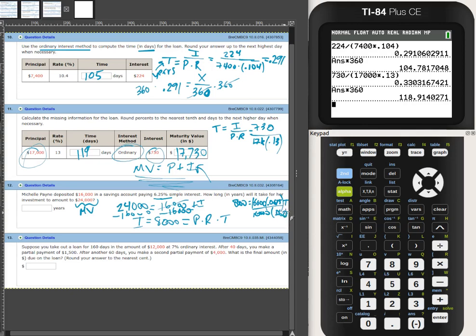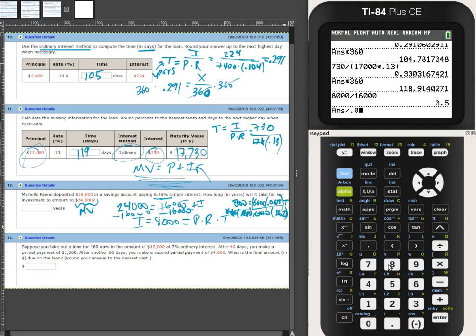I'll write 16K to save a little room. We divide by 16,000 and also by 0.0625, and since it cancels everything on this side, the time, which is all that's left on the right side, equals 8. Very good. I'm glad that it came out as a whole number, 8 years.